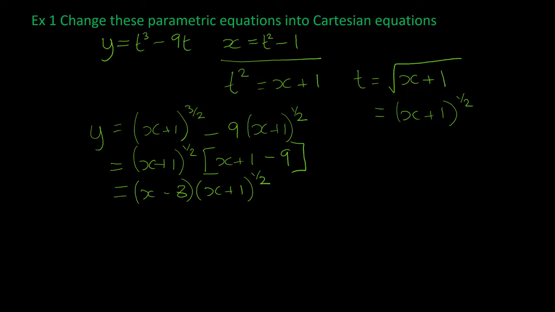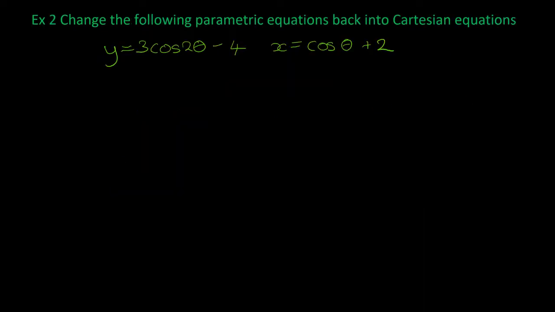Now we're going to try one where we've got to use the trig functions to eliminate the theta here. And because we've got cos 2 theta and the other equation only uses cos, the identity we're going to use is the double angle formula. So cos 2 theta equals 2 cos squared theta minus 1.